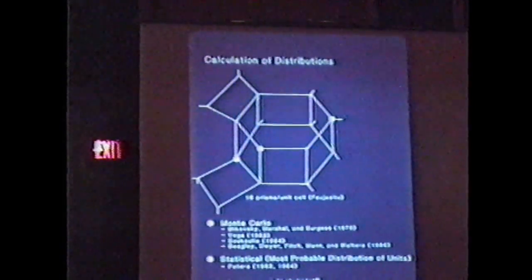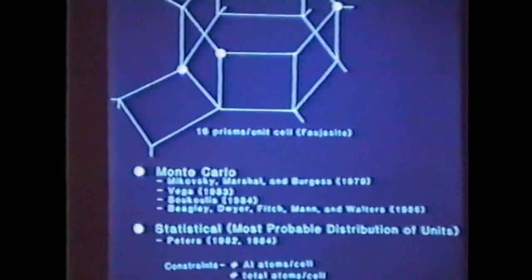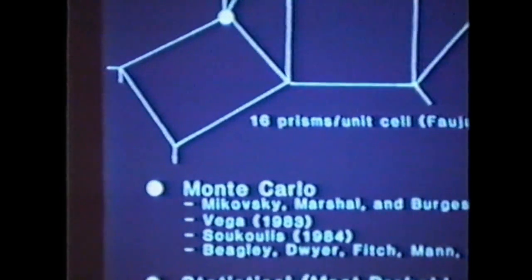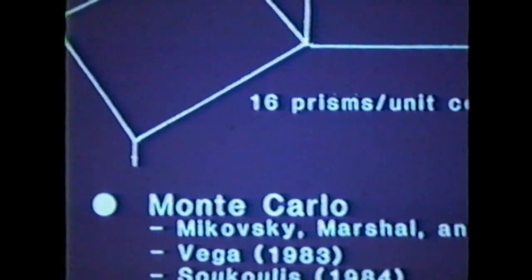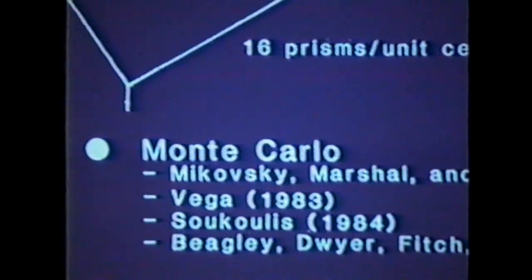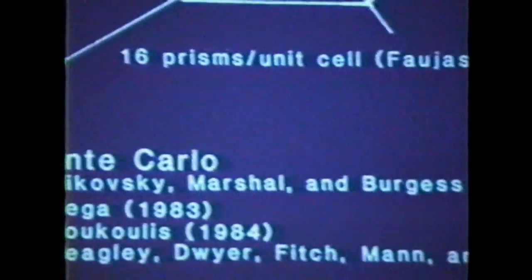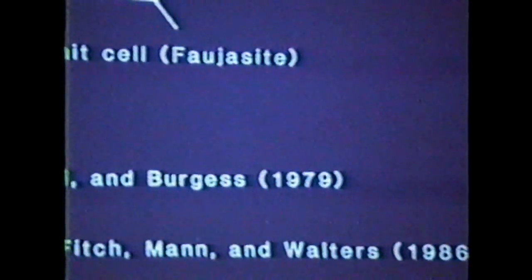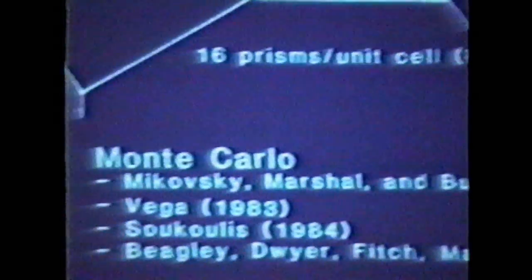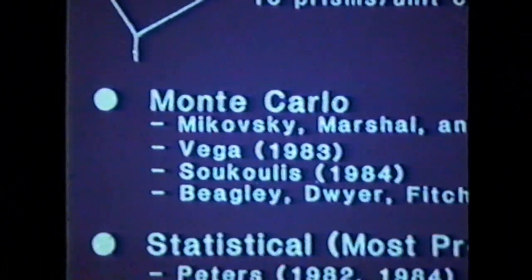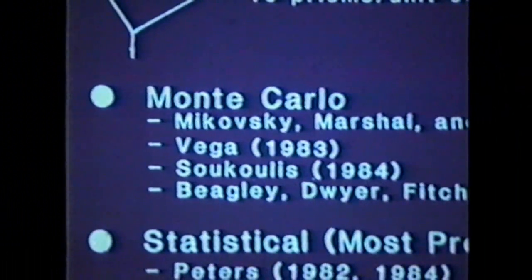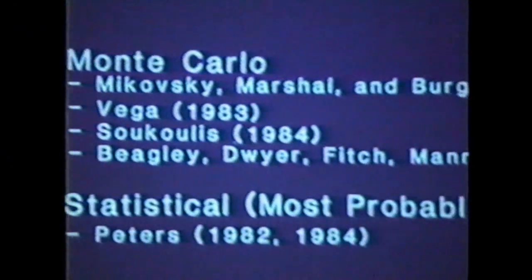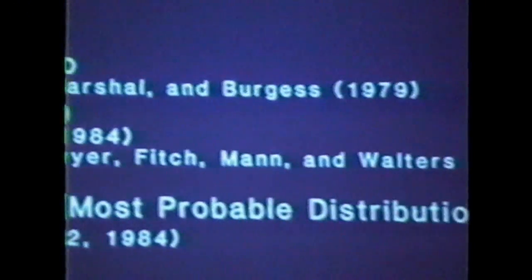Faujasite consists of hexagonal prisms. They're connected together. The hexagonal prisms can contain 6, 5, 4, 3, 2, 1, or 0 aluminum atoms. There is a statistical mechanical procedure that you can go through and you can calculate in any assembly of these prisms what's the most probable distribution of those prisms.